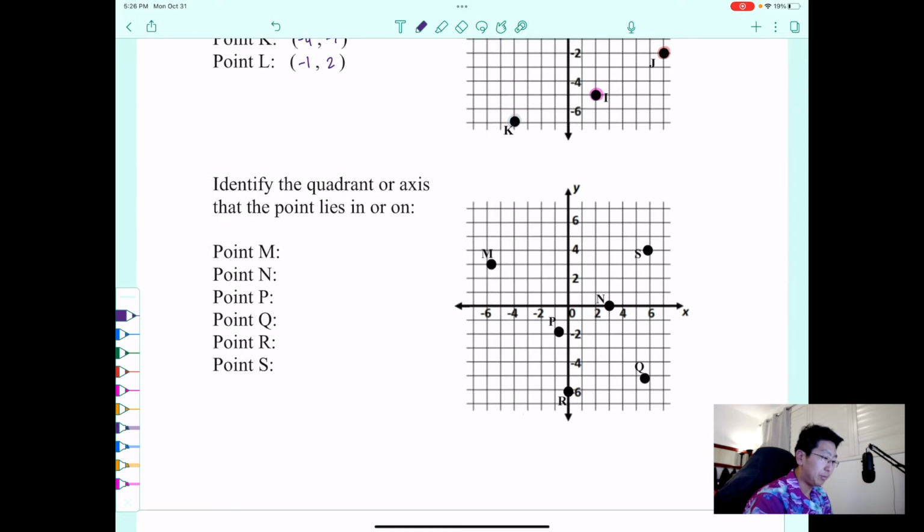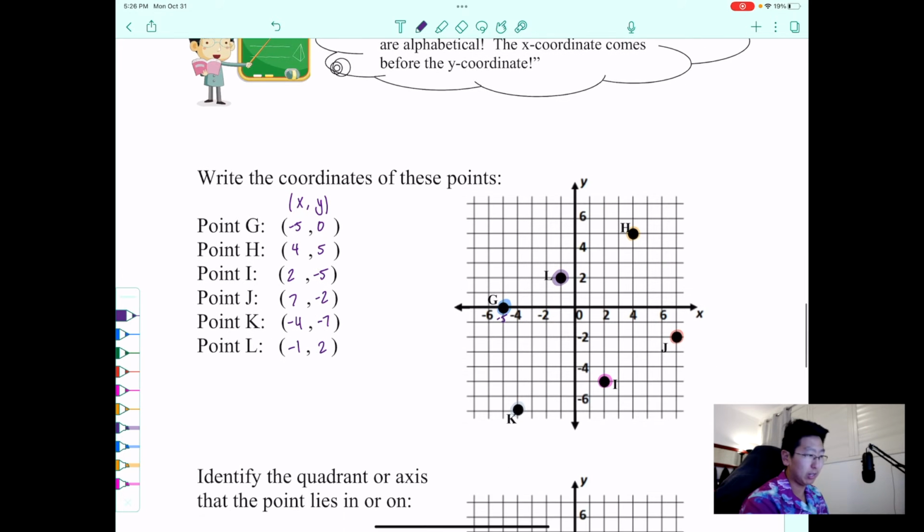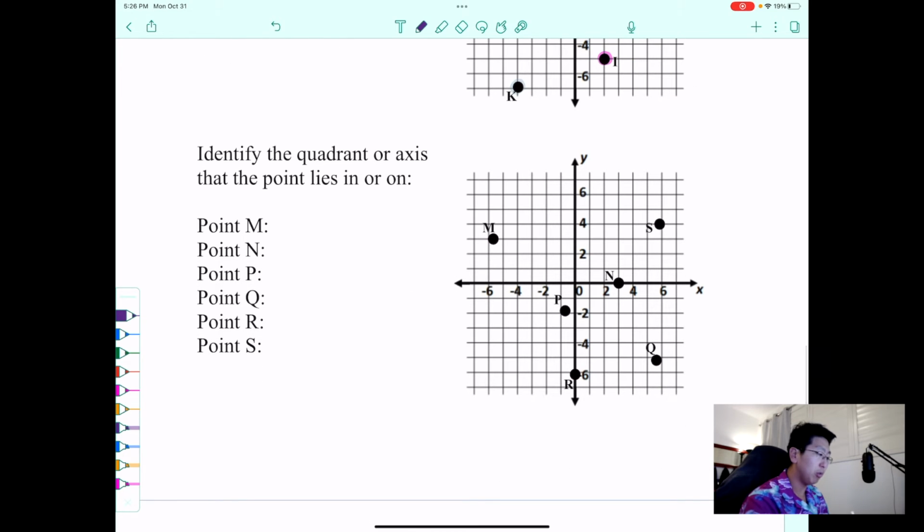All right. This last part is pretty interesting. I didn't really talk about it in these right here. But if you remember the quadrants, quadrant means 4, right? There are 4 different sections. There's one here, one here, one here, and one here.